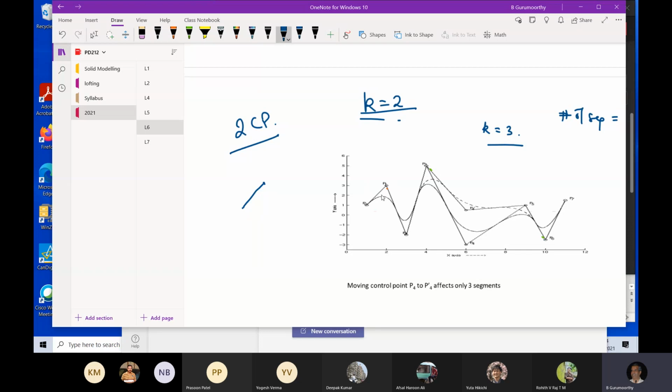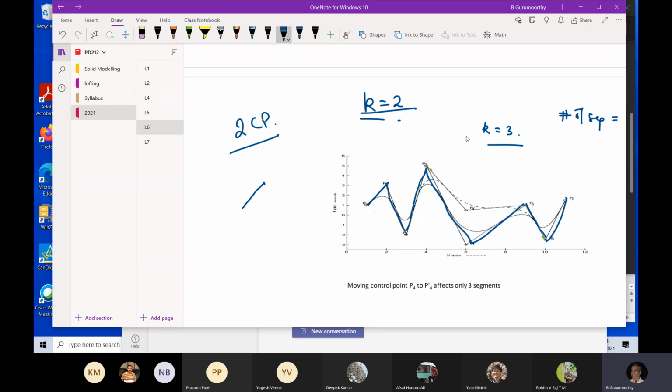So the first 2 points will define the first segment. That is that. Second 2 points will define this. Third will do that. Fourth will do this. Fifth will do that. Sixth will do this, and seventh will do that. So what has happened?